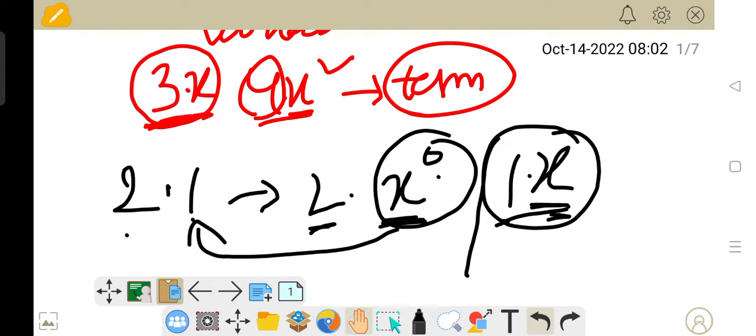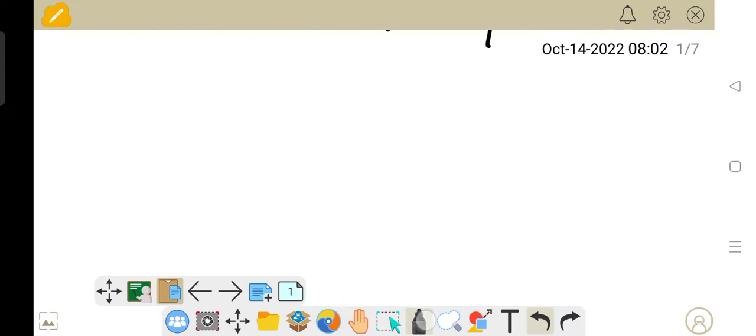Okay. Next one, what is an expression? Expression means the combination of terms which has no equal to symbol.